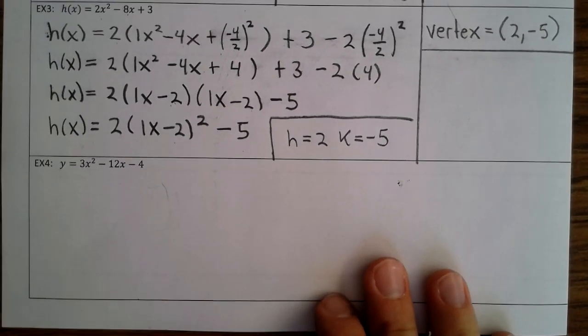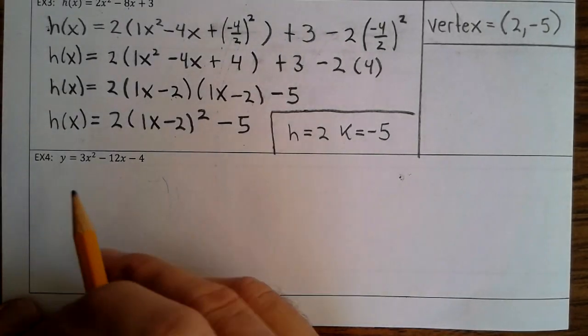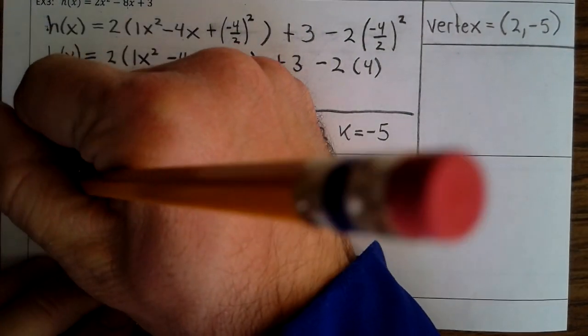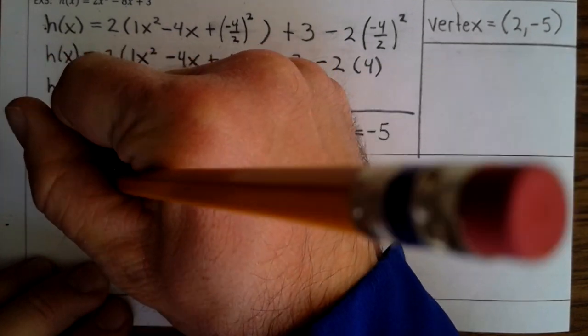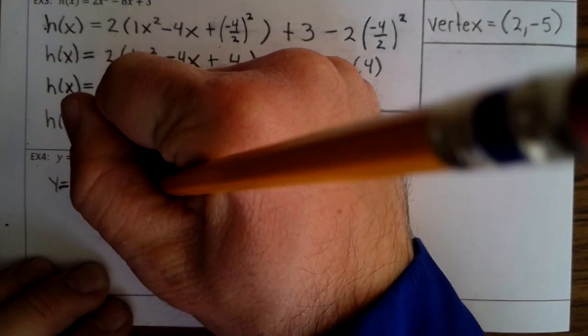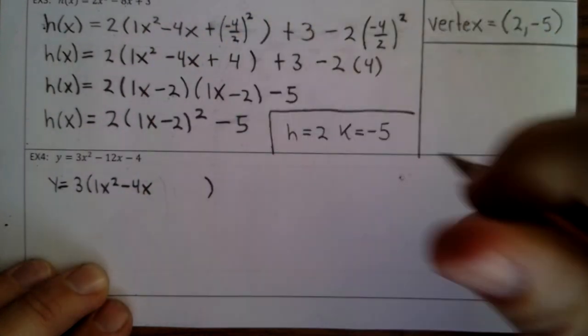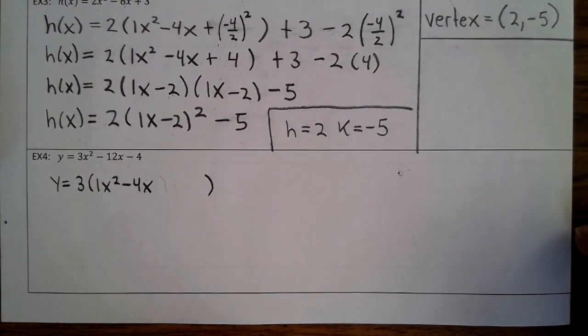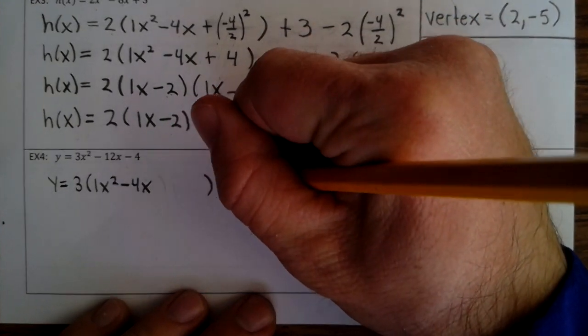All right, example 4. So here we can factor out a 3. So then that's y equals 3, which leaves 1x squared minus 4x. And again, we're only factoring out from the first two terms. And then the minus 4 we leave on the outside.